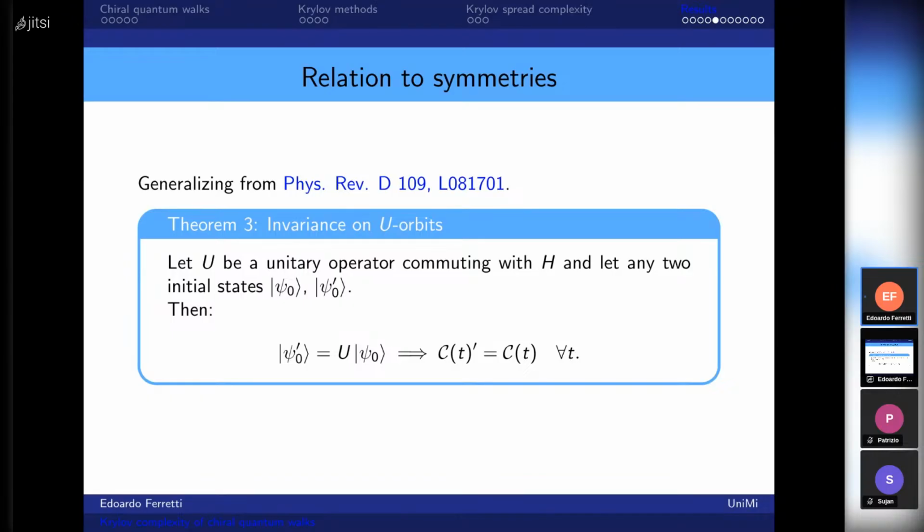This is particularly interesting for continuous symmetries, because it means that we have entire sets of states, entire orbits of these unitary groups of transformations that all have the same complexity.